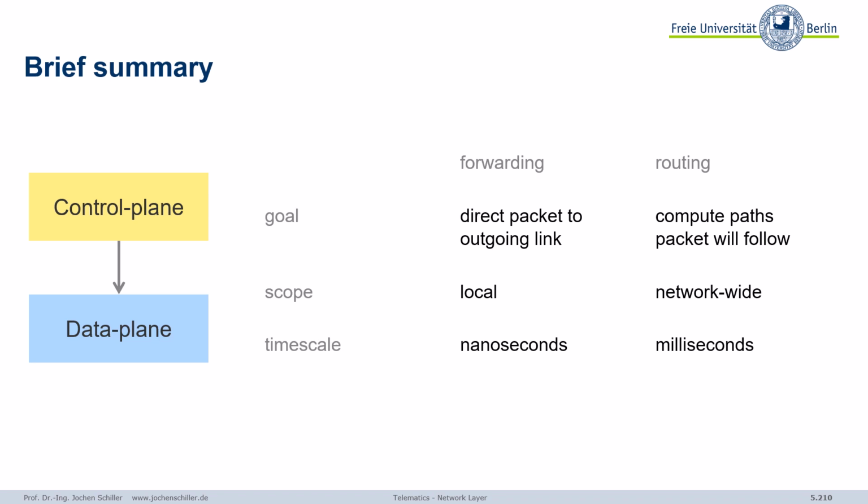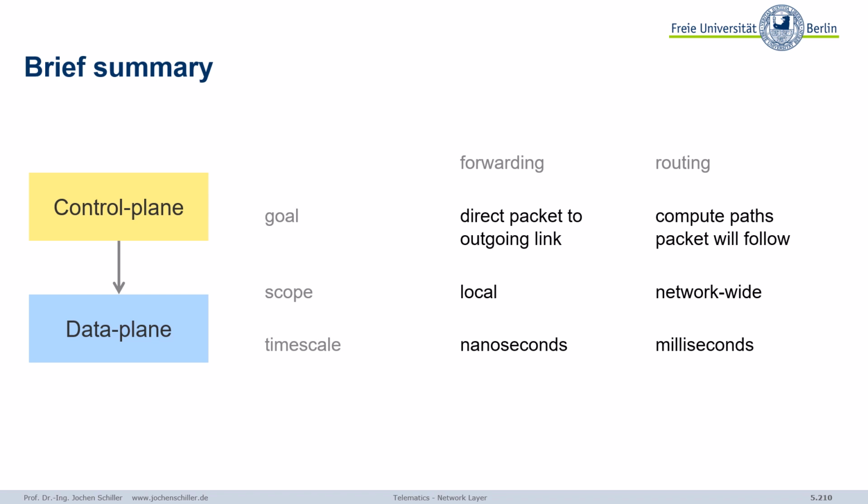The control plane is important for computing the paths all the packets will follow, and it will also take the routing data and fill our forwarding table, and the forwarding table will then handle this nanosecond forwarding of the user data.